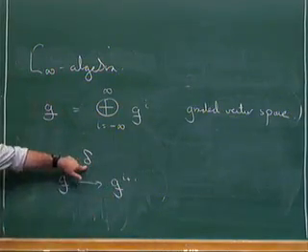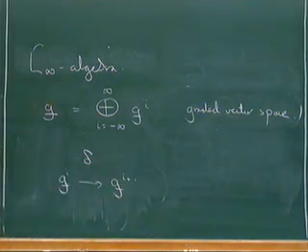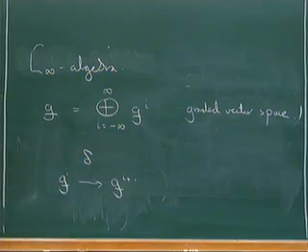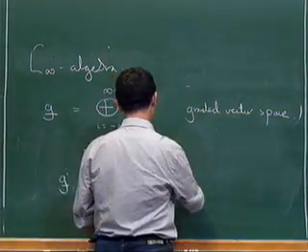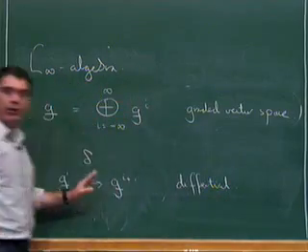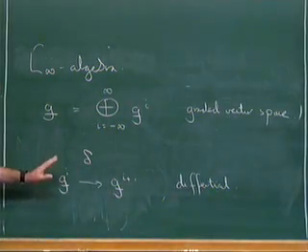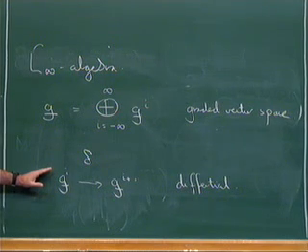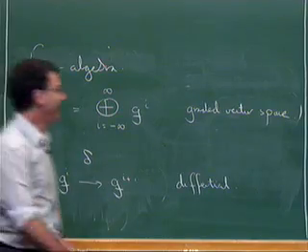I might have liked to call it little d, but that gets confusing because I'm going to have the de Rham differential as well. So I have to distinguish the differential here from the de Rham differential. And I could stop here. If I had no further non-zero structures, I would have an abelian L-infinity algebra. So an abelian L-infinity algebra is a complex of vector spaces. All right? So we're generalizing complexes of vector spaces.